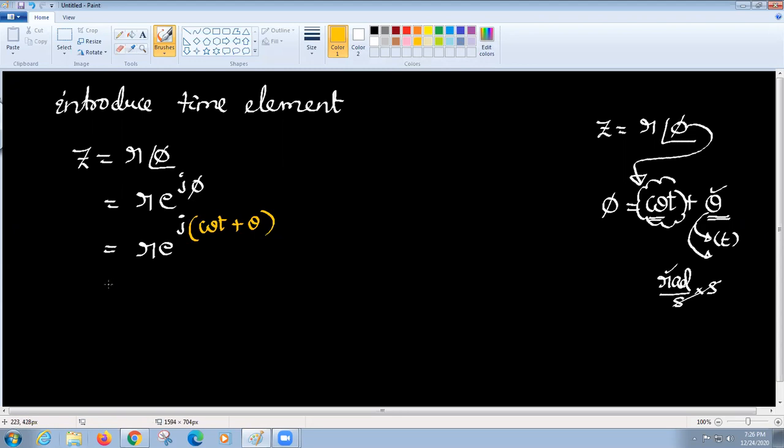So therefore we can write it down like this: r e power j omega t multiplied by e power j theta. And this stuff is represented by the real part of r e power j phi.